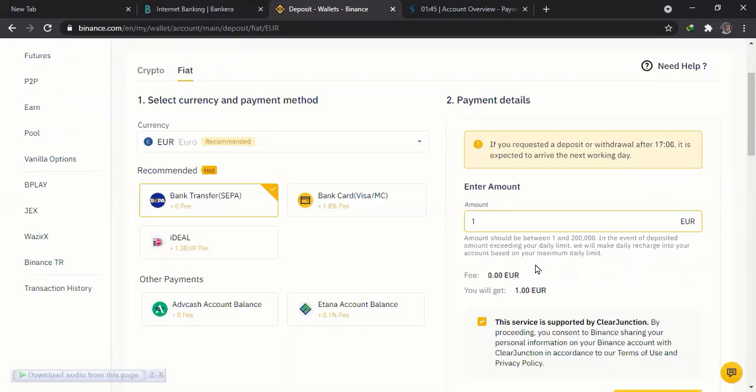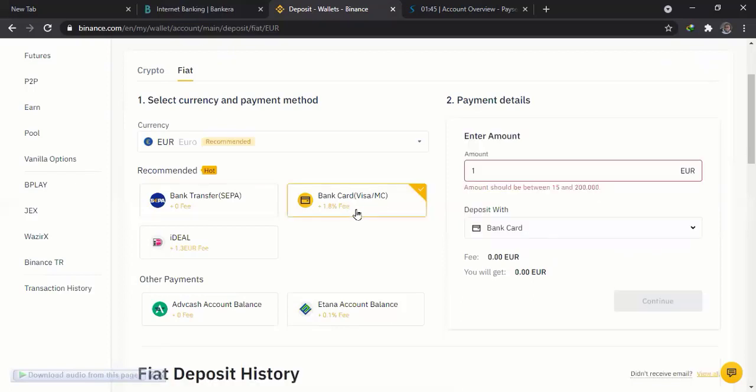Sometimes you just want to buy €2 worth of cryptocurrency to make a payment, and $15 is many times above that. If you are depositing by bank card, which we went through, the minimum is $15 and the maximum is $50,000. This is if you're depositing fiat currency.